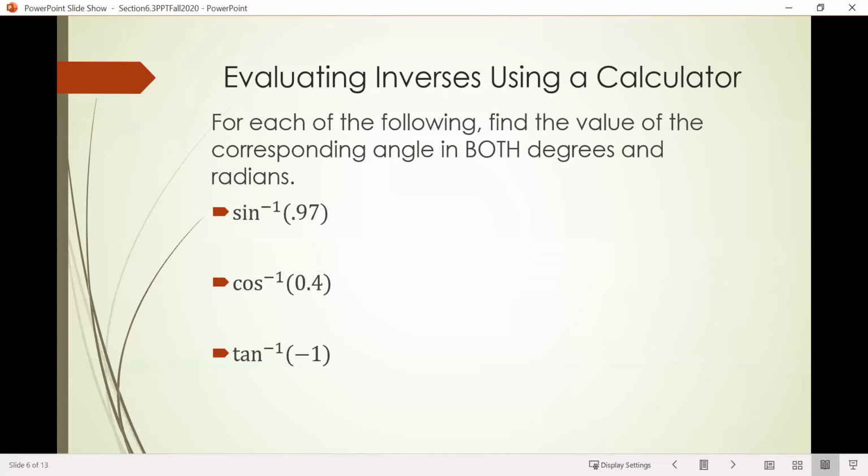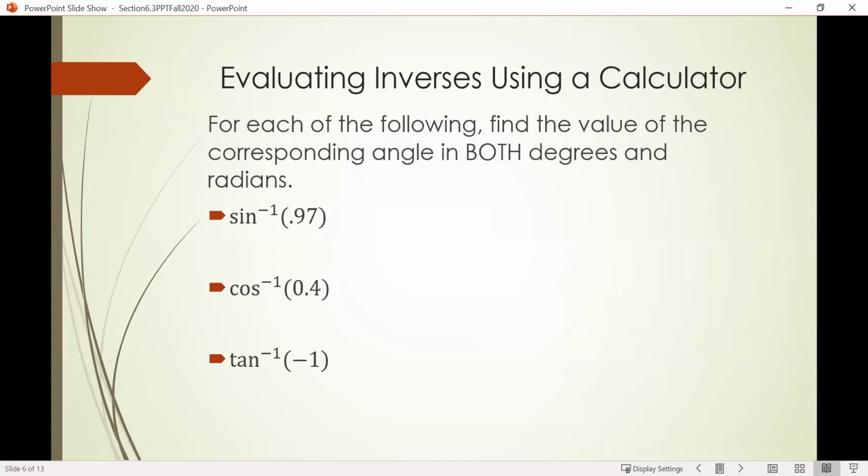I know that the directions say to do it in both degrees and radians, but we're just going to focus on the radians for right now. And I again want to reiterate that when we find answers using inverse trig functions, the inputs are ratios and the outputs are angle measures. So we want to keep that in mind as we do this.